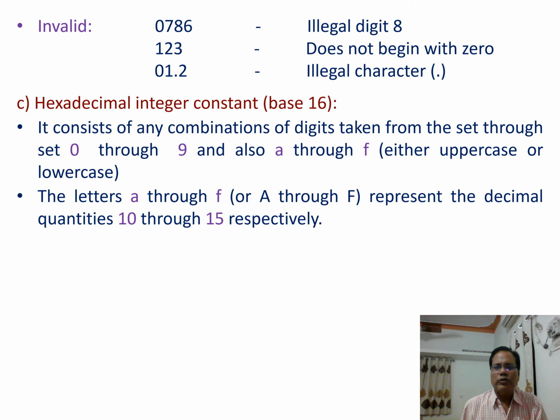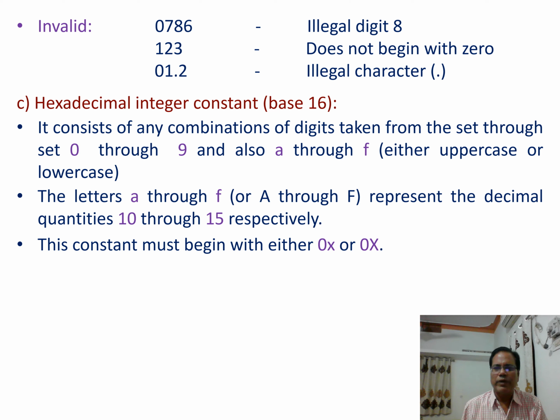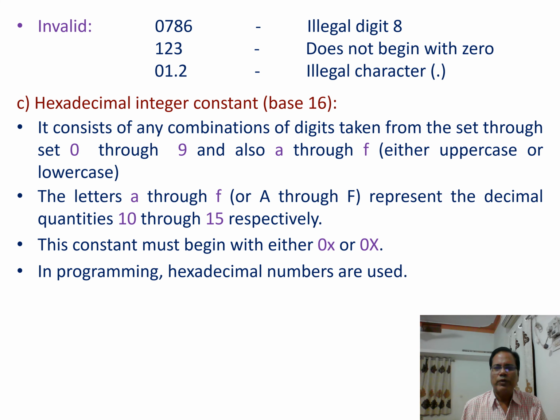The letters A through F represent the decimal quantities from 10 through 15 respectively. This constant must begin with either 0x or 0X. So both lowercase x or uppercase X together with 0 are used to represent the hexadecimal constant. In programming, hexadecimal numbers are used.